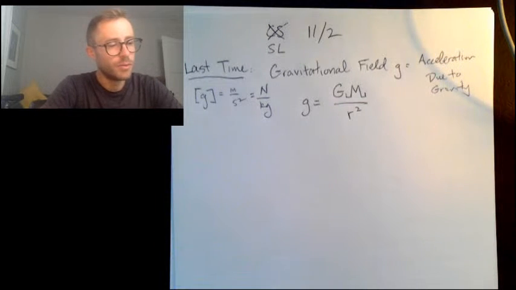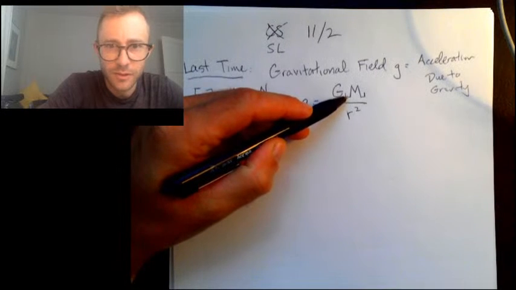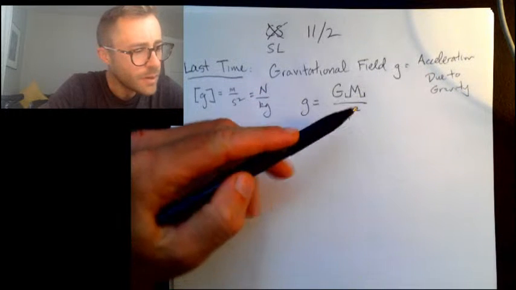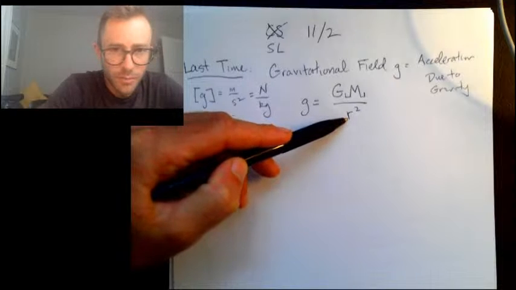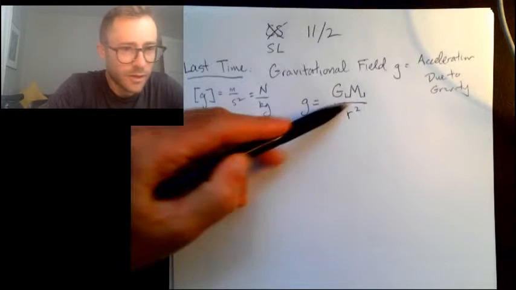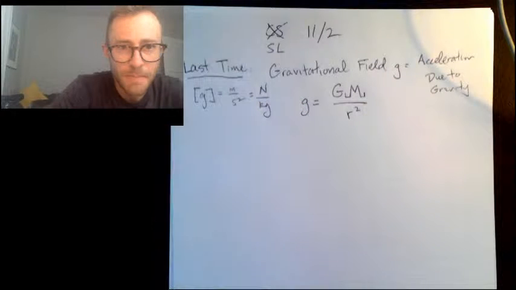In particular, the gravitational field that this mass is generating is weaker farther away from the mass, because as r gets bigger, the denominator gets bigger, which makes the gravitational field smaller.